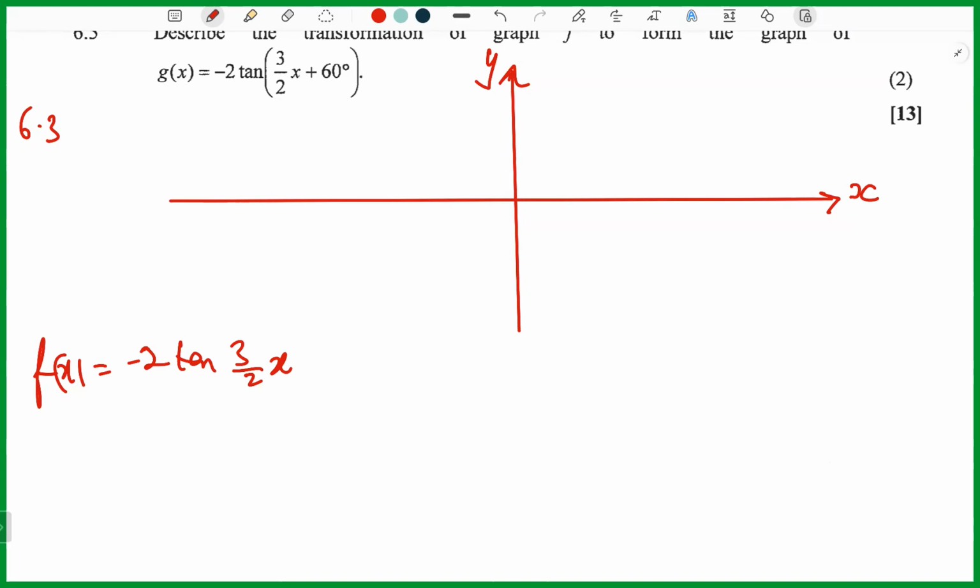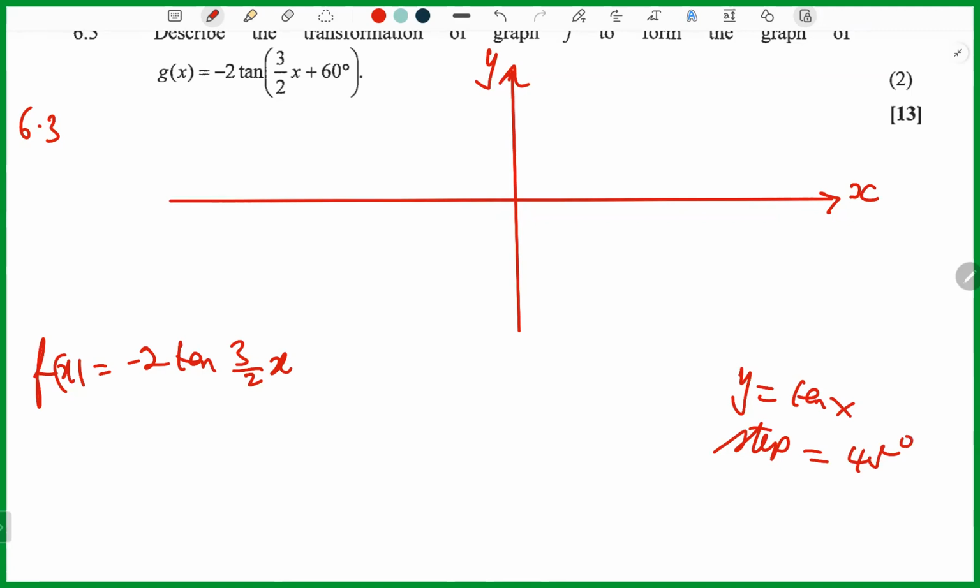To find it, you need to think very carefully, because the graphing step of the original tangent function y equals tan x is 45 degrees.